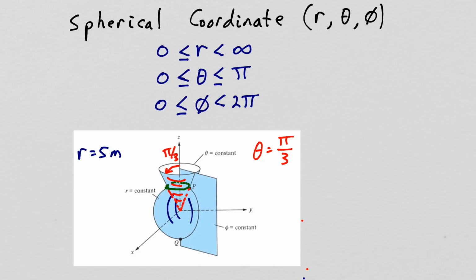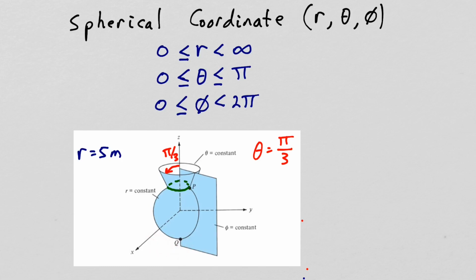The third variable phi is the same as the one we work with in the cylindrical coordinate system. It's an infinite half plane. One end is tied to the z-axis, and the angle phi is the angle the plane makes with the x-axis.